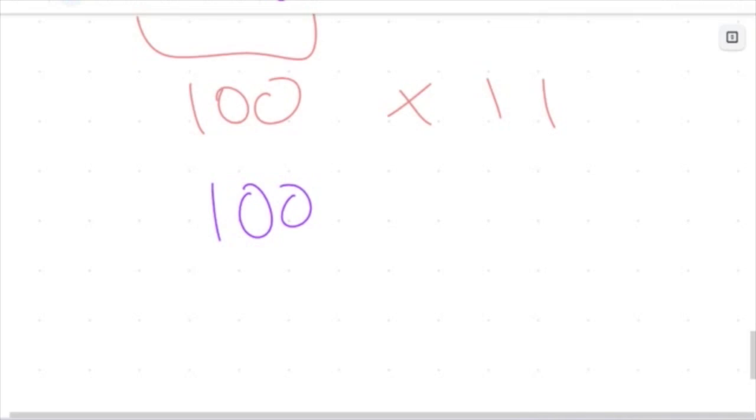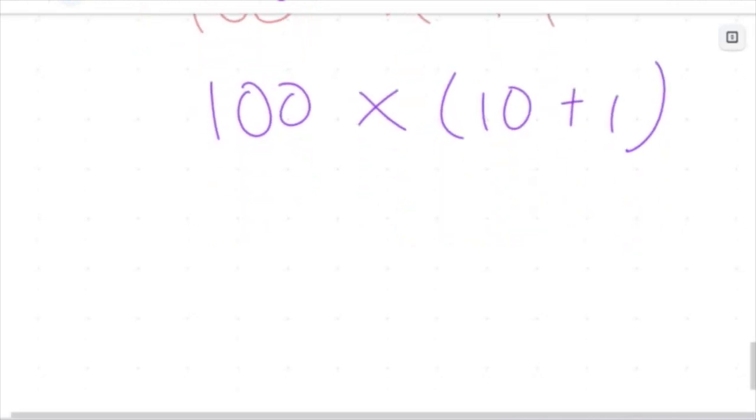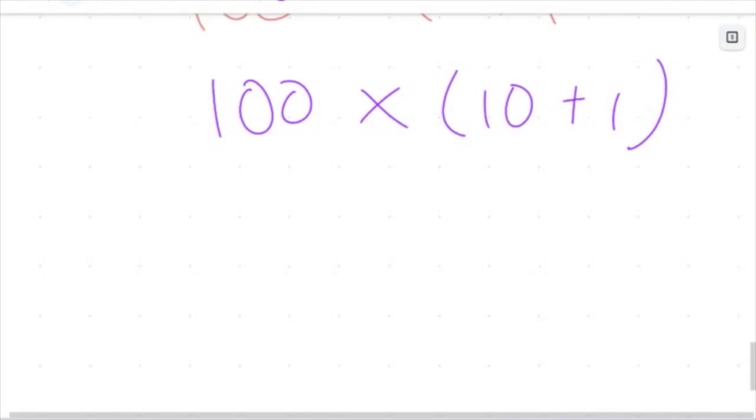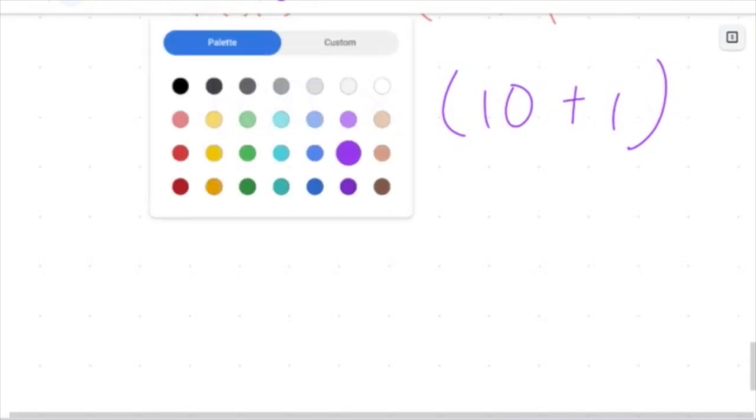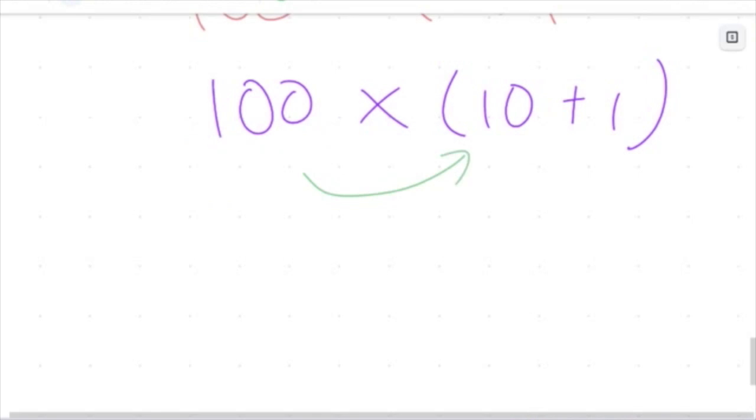Now, if you had a calculator, which you'll get from years 8 onwards, this will become a lot easier. But this is like 100 times by 10 plus 1. Okay, cool. So what we learned from our distributive law is that we can times each of these together, then add them at the end.